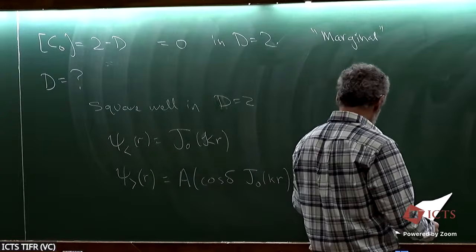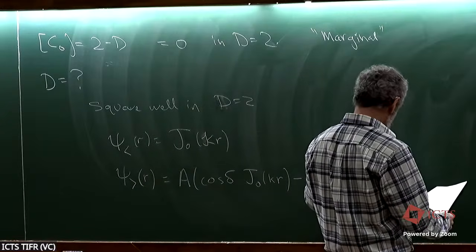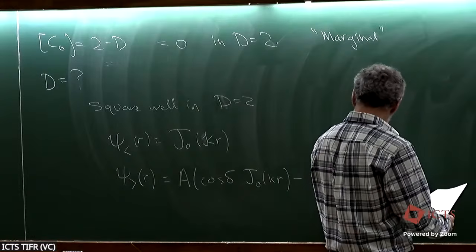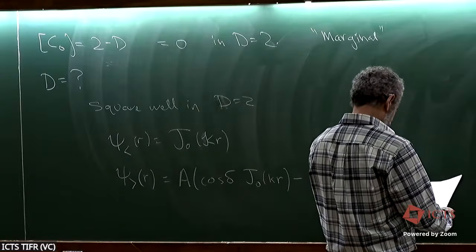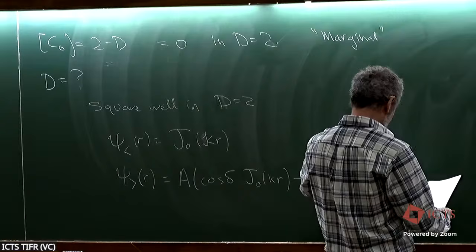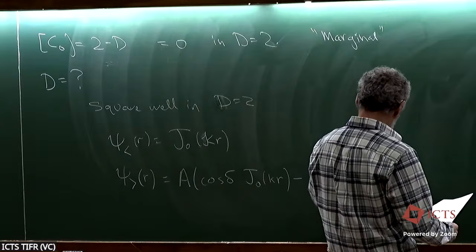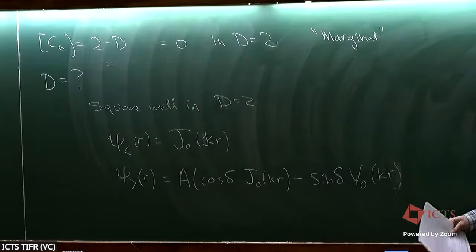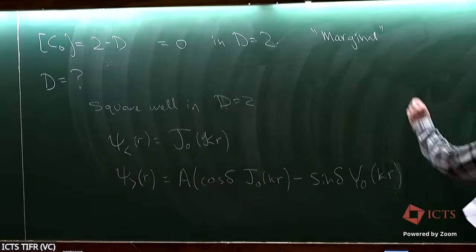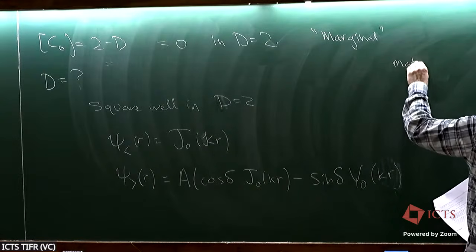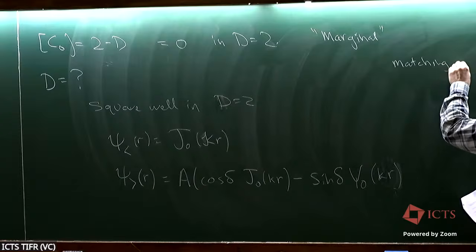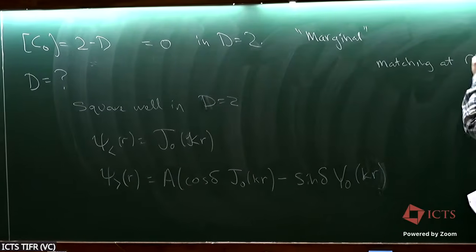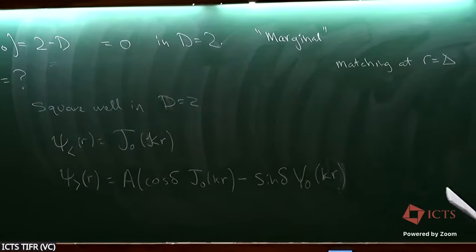And instead of an n0, we call it y0. Oh, sorry, kr. So now you do your matching at the boundary, where delta is the width of your square well.